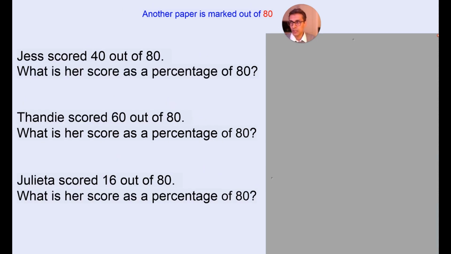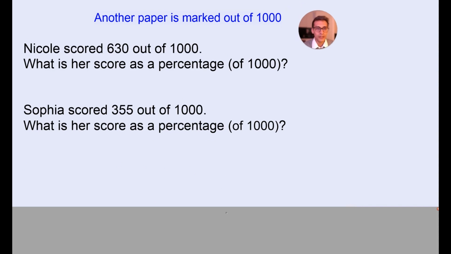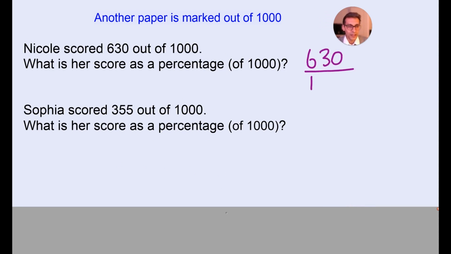So let's look at another example. This time the test is out of a 1,000 mark test. So if you get 630 out of 1,000, now we want this to be out of 100. So let's rewrite this as 10 times 100.